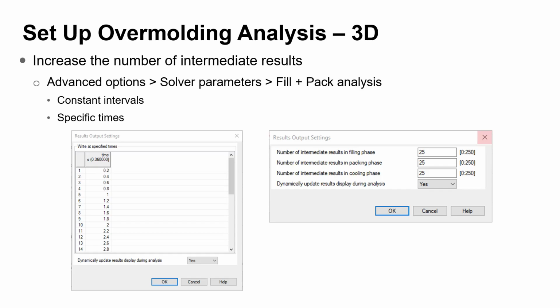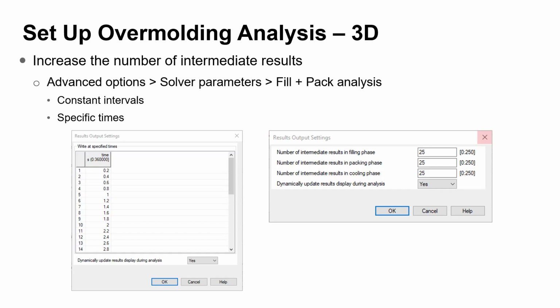This is again optional. I have not seen that many users use it, but it's also recommended if you want to increase the number of intermediate results. You can go into the advanced settings when you do a fill and pack analysis, in the solver parameters for fill and pack, and you can change the default from 20 to 25 intermediate results, or you can also specify the intervals for which you want the results to be outputted.